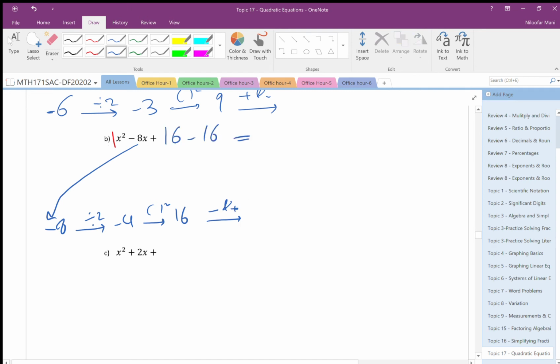And then together I consider this, which is x minus 4 squared, and minus 16 beside. Now if I want to solve this and I cannot factor, I can easily solve it because I put equal 0, I put 16 on the other side, I use radical, and it can easily be solved.